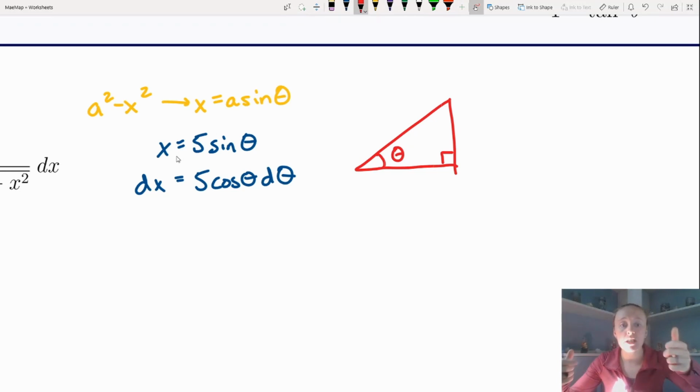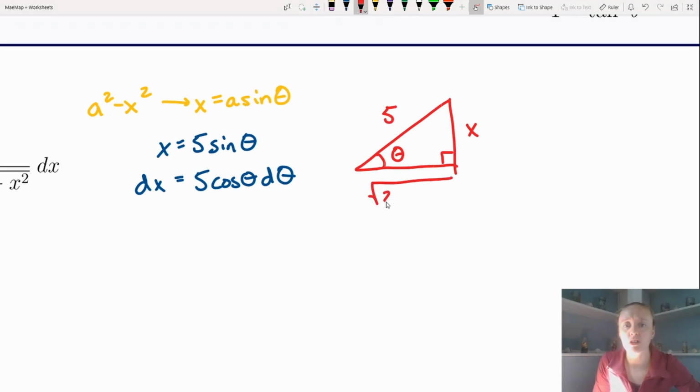Sine is opposite over hypotenuse, so x over 5: here's my opposite side of x, there's my hypotenuse of 5. Here's the square root of 5 squared minus x squared, which is 25 minus x squared. So you can see, just to double check, that is indeed my a squared minus x squared, 25 minus x squared. So I've set up the triangle, and I'll be able to come back and use that as necessary.